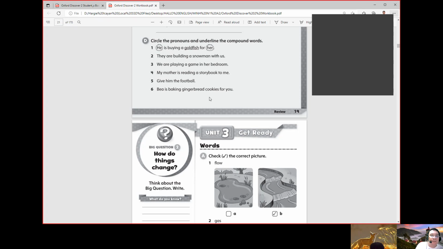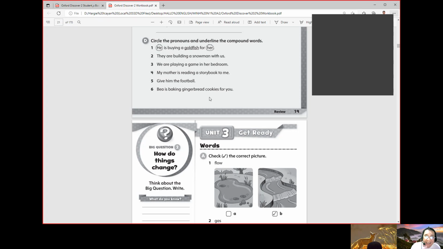Beer is baking gingerbread cookies for you. What's the pronoun? You. What kind of pronoun is you? Object. It can be object, and it can also be subject, right?